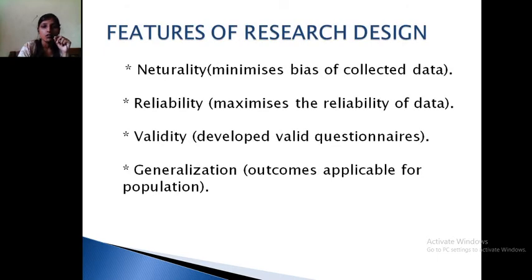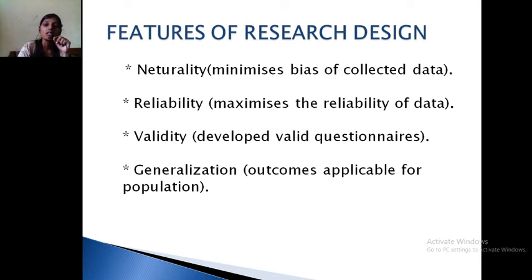What are the features of the research design? Research design deals with the unbiased data. It minimizes the biasing of the collected data. The data collected for the research design is the reliable data.